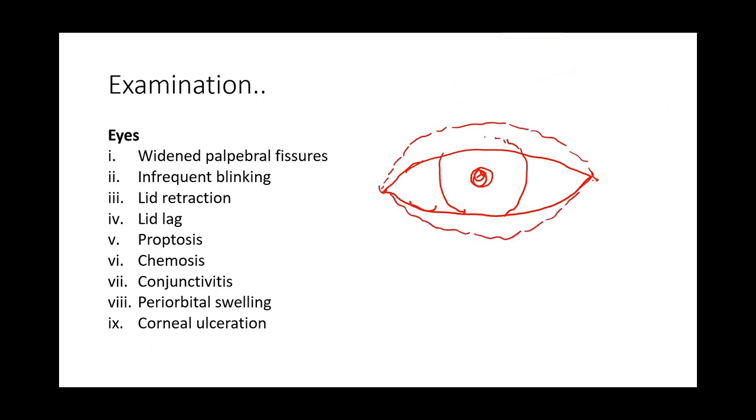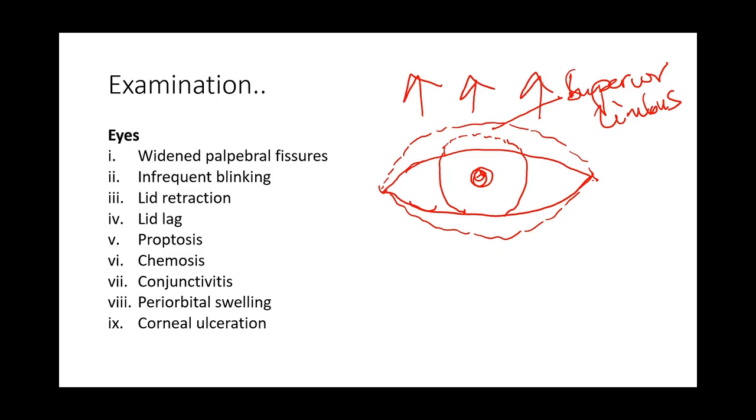Now, when you see exposure of the superior limbus, it means the patient has lid retraction, okay? And this is as a result of sympathetic stimulation of the levator palpebrae superioris.